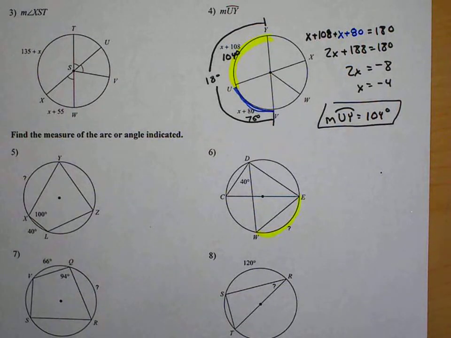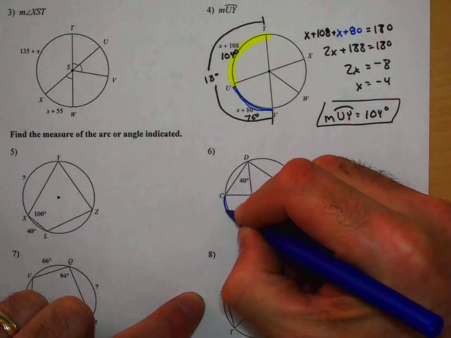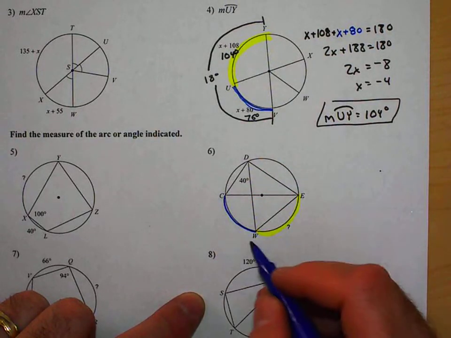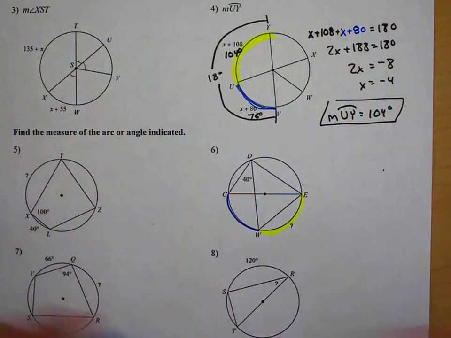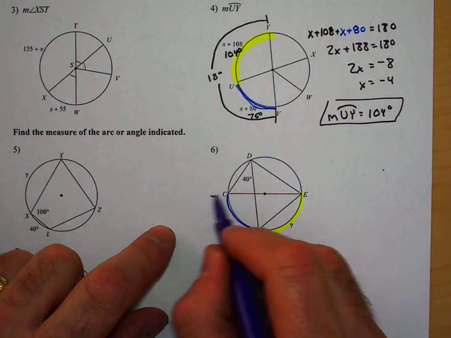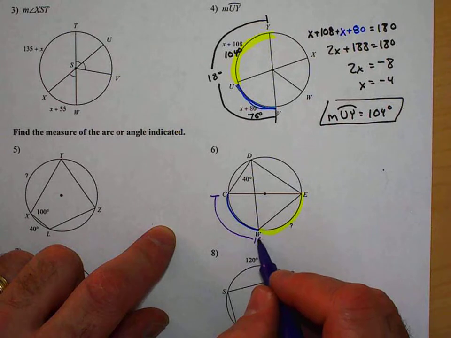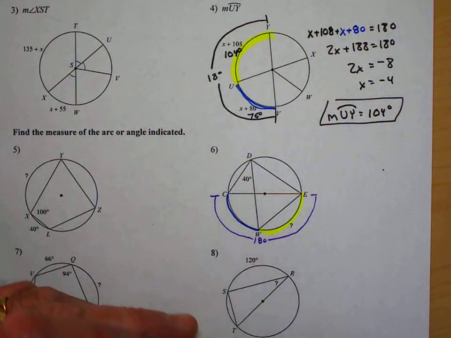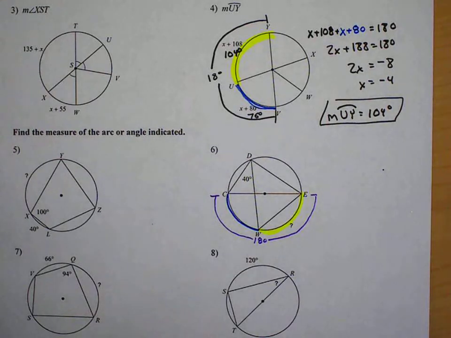I would say that I can easily find CW. And if I find CW, we're going right back to what we had done earlier. This whole thing equals a semicircle, so this equals 180 from here to here. It's 180.